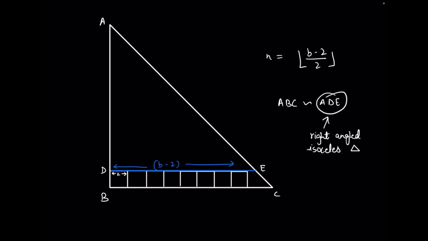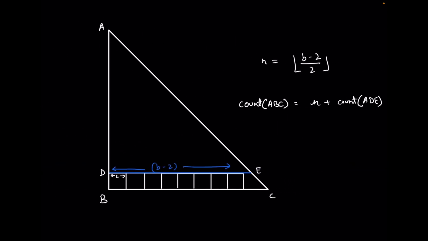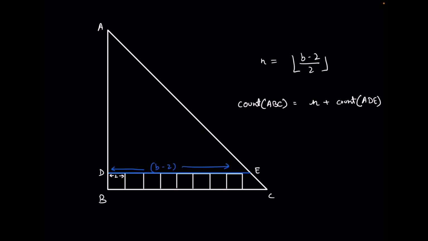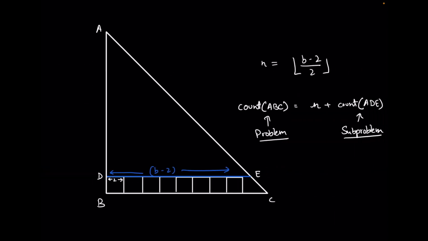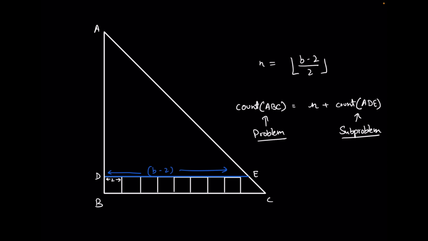Basically what I'm trying to say is, if we had some function count which would count the number of squares we can fit in a triangle, then count of ABC would be equal to n, which is the number of squares we were able to fit onto this bottom layer, which we've calculated above, plus the count of ADE, right? So ADE here would be a subproblem because ADE is also a right angle isosceles triangle, and ABC is the initial problem that we had, right?